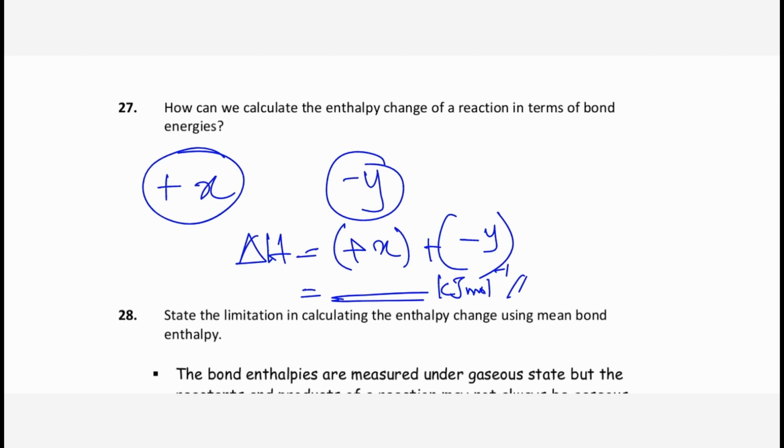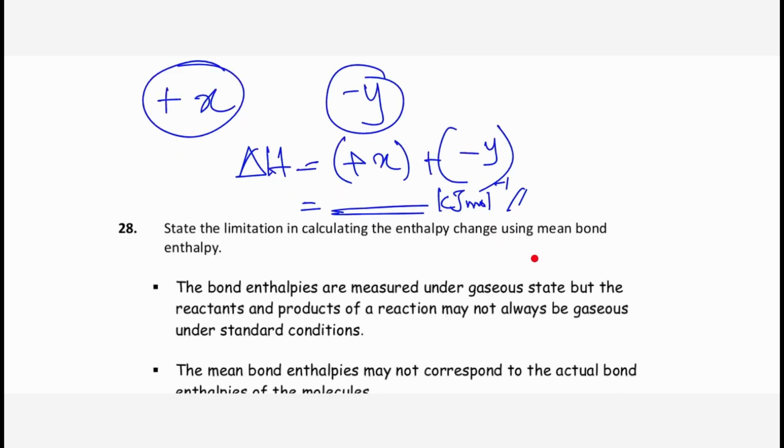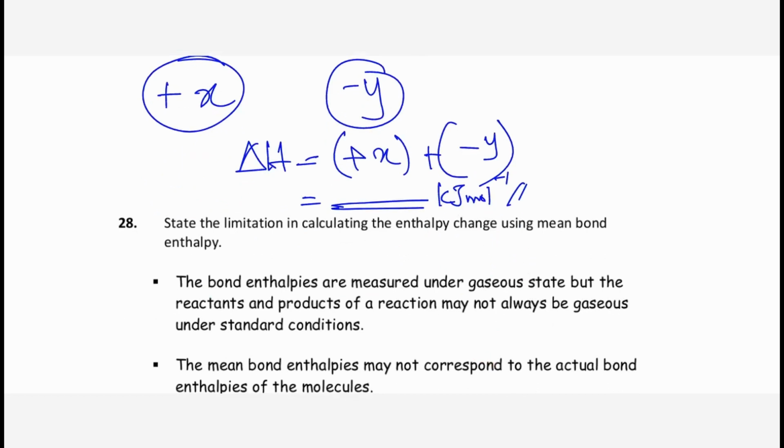The enthalpy change of reaction can be found by simply adding these two enthalpy values with their appropriate signs, which means plus or minus sign.